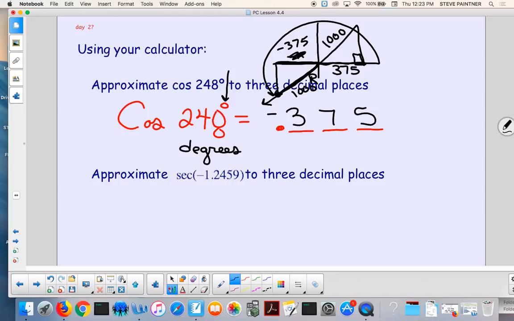Do secant of negative 1.2459 to 3 decimal places.